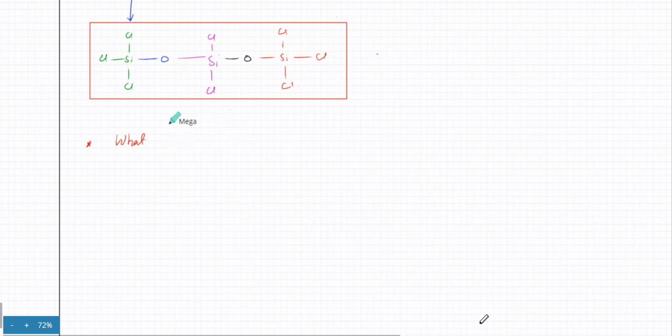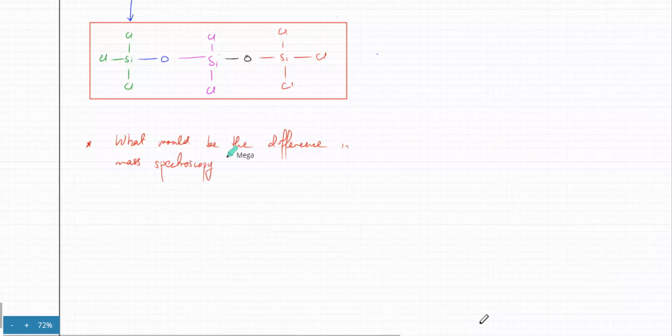or let's say, what would be the difference in mass spectroscopy of cyclopropane and propene?